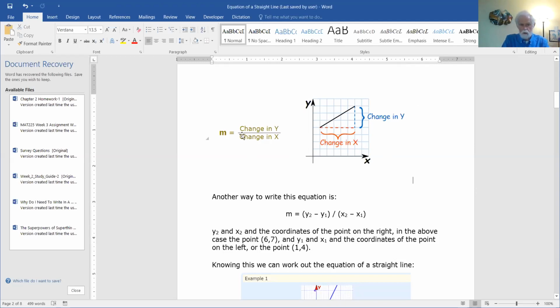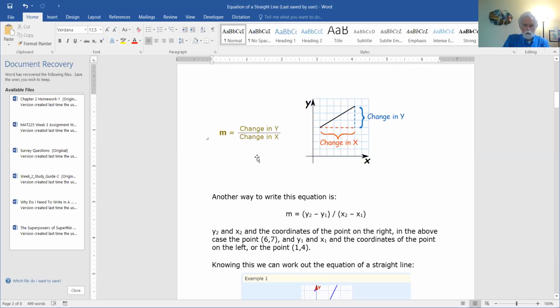So another way to write the equation: the change in Y is the Y value of point 2 minus the Y value of point 1, divided by the X value of point 2 minus the X value of point 1. In this case, Y2 and X2 are the point up here to the right, the point 6, 7, and Y1 and X1 are the point 1, 4.